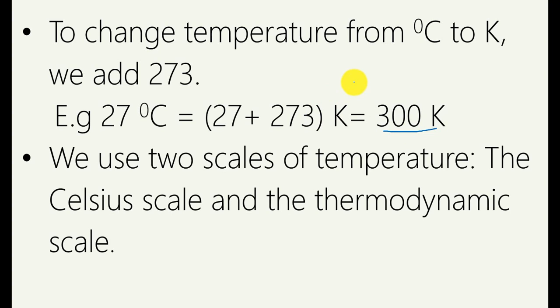Now, because we have talked about the Kelvin and the degrees Celsius, we are going to deal with basically two scales of temperature. The first one is the Celsius scale. Observe that every time I write Celsius, I start with a capital C, please note that, and here you write an S, not a C. So we have the Celsius scale and the thermodynamic scale.